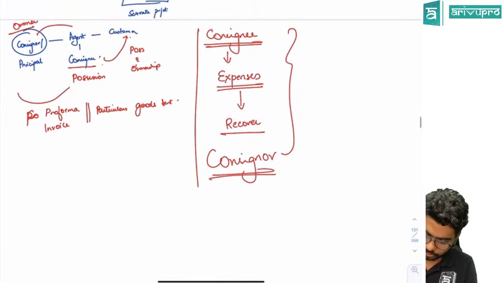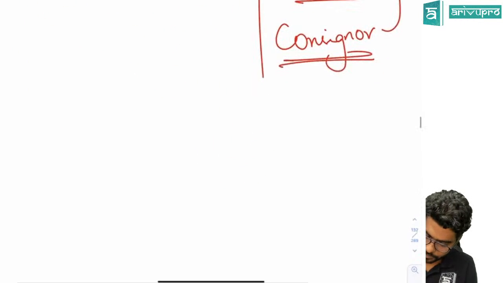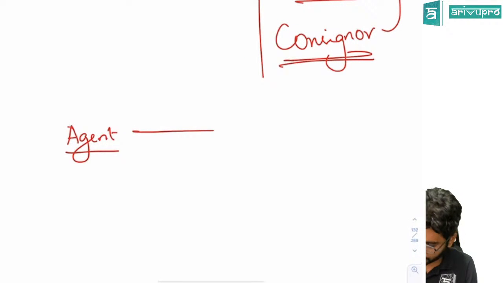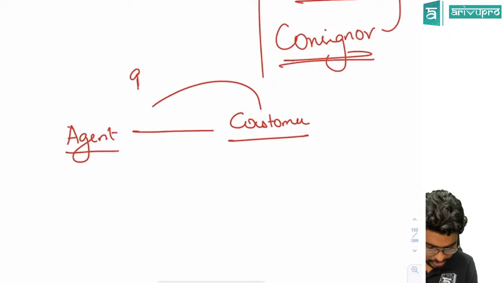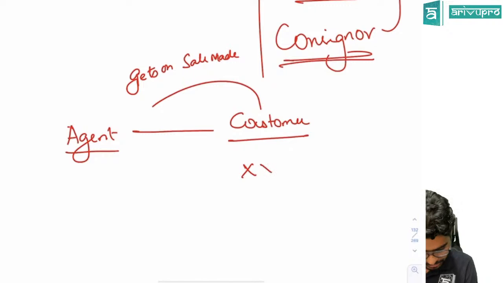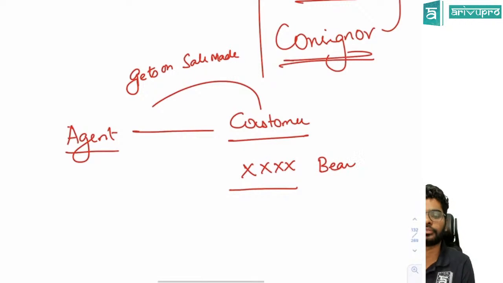Okay. Now, once the agent sells the goods to the customer, the agent gets a commission on the sale made. If the customer does not pay the money, who will bear the loss? Who will bear the loss?